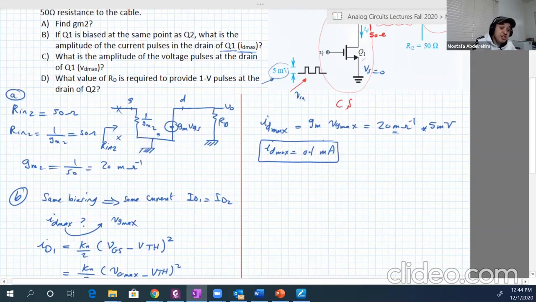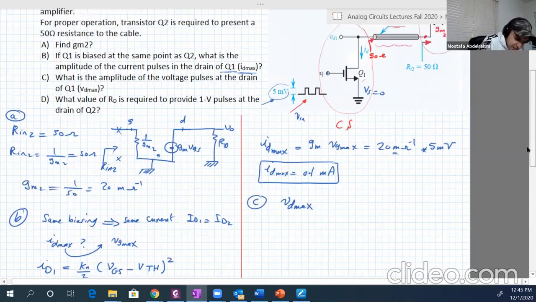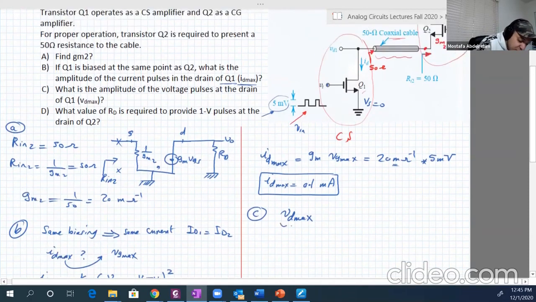And C is now connected also to B. So basically the same question, but another requirement. What is the corresponding amplitude of the voltage pulse at the drain of Q1? So number C basically asks for what is VD max. Now I'm going to draw again the equivalent circuit of the first stage, because we need only the AC voltage here.